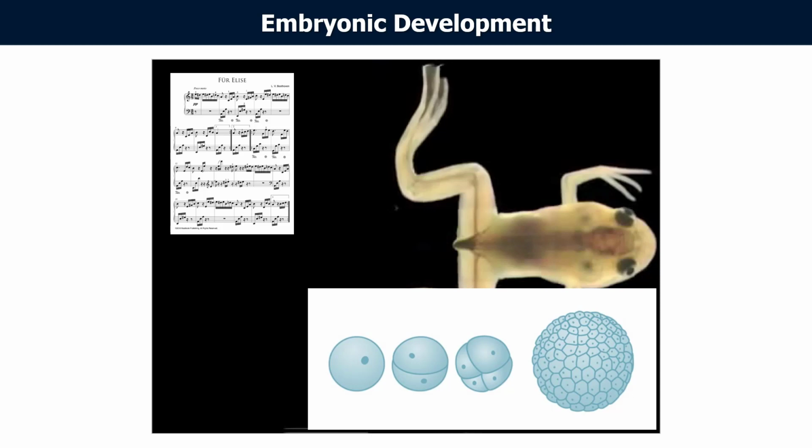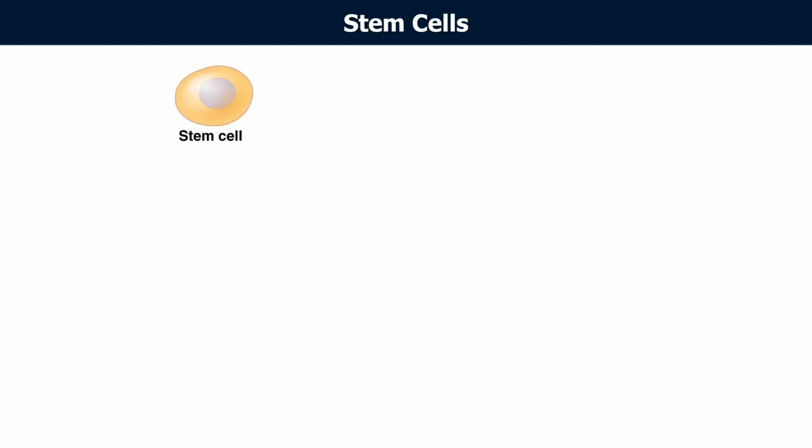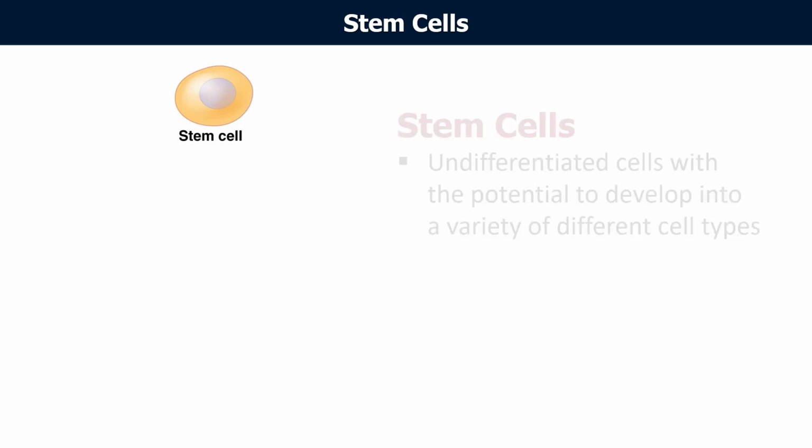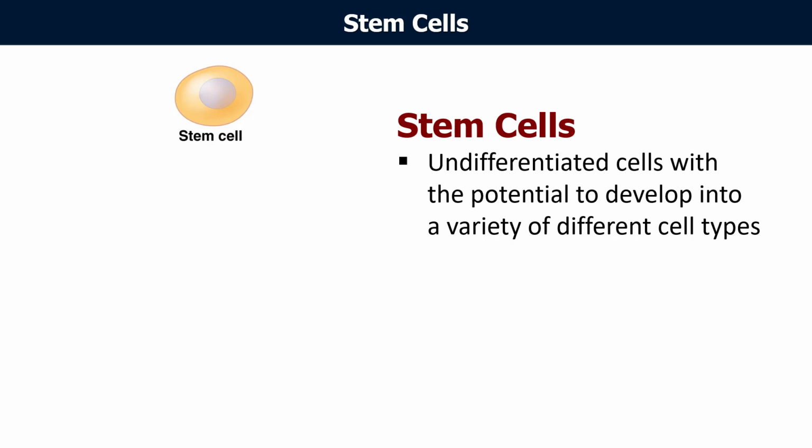And so that leads us to an interesting discussion of what we would call stem cells. So stem cells are undifferentiated cells with the potential to develop into a variety of different cell types. So the fertilized egg goes through a few cell divisions and it produces a ball of cells, but then those cells eventually have to commit themselves to becoming certain types of cells: nerve cell, muscle cell, skin cell, whatever.